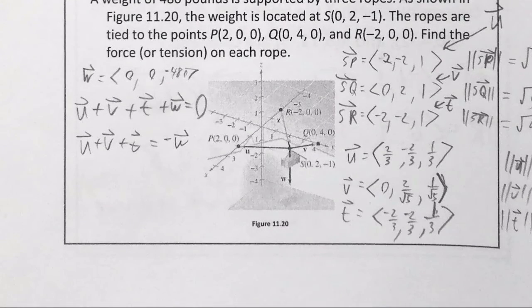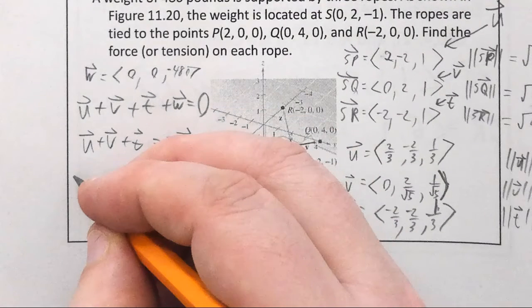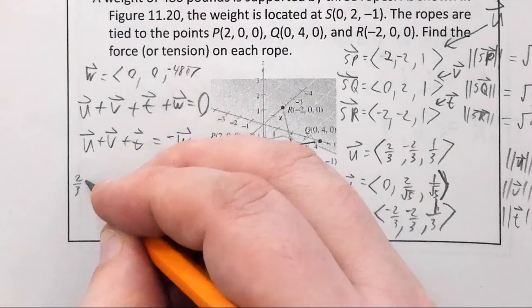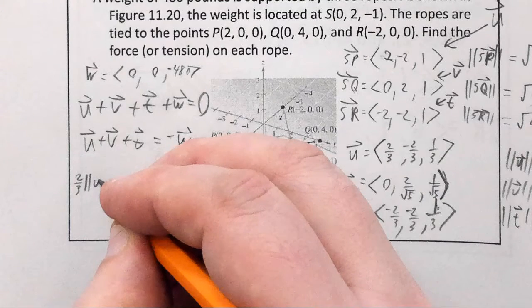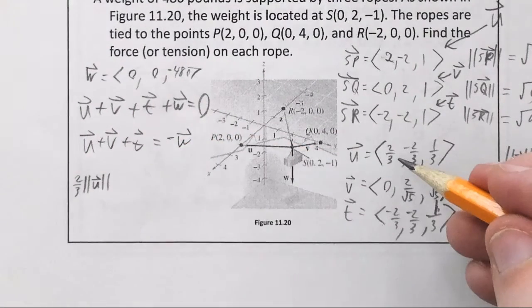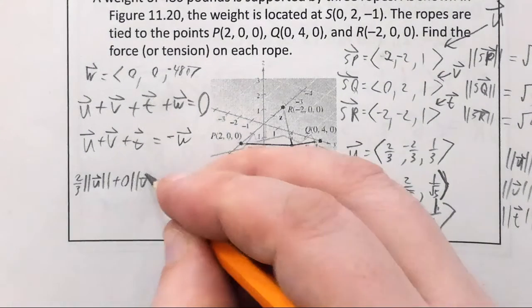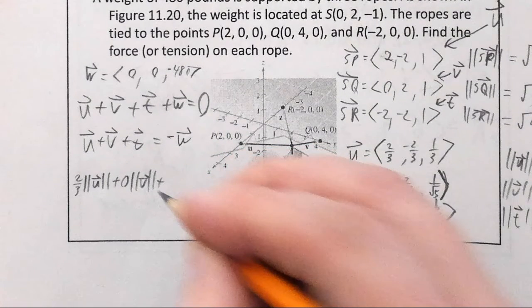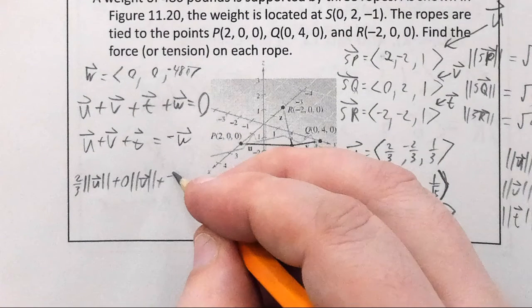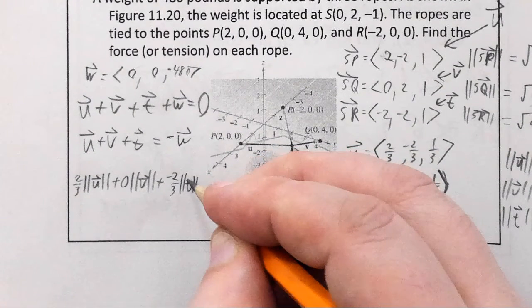Okay. So what I end up having here is these equations equal to this. But these vectors are all made up of that unit vector times that magnitude. So what I actually end up having is 2/3 times the magnitude of u for the first coordinate, plus the 0 times the magnitude of v, plus negative 2/3 times the magnitude of t.